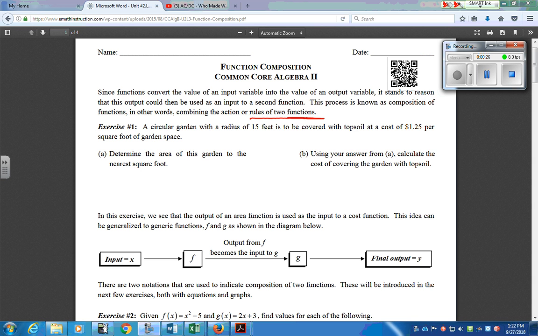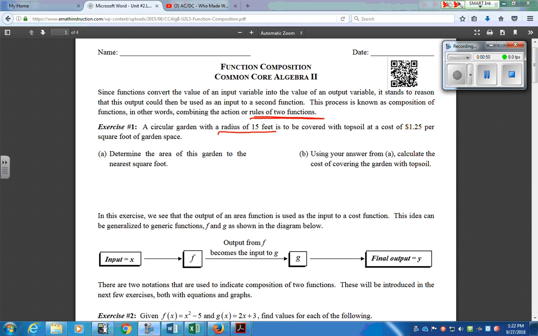So every one of these that we're going to do, we're going to take a number, an input value, and what we're going to have to do is apply two rules to it. So if you look at exercise 1, this is just kind of one to get you the idea behind it. It says a circular garden with a radius of 15 feet is supposed to be covered with topsoil.